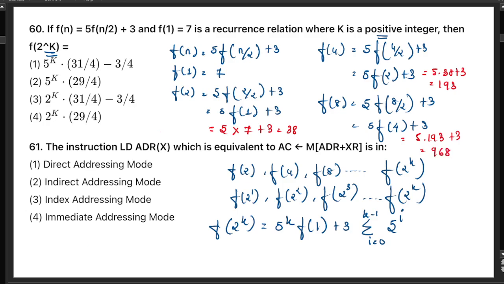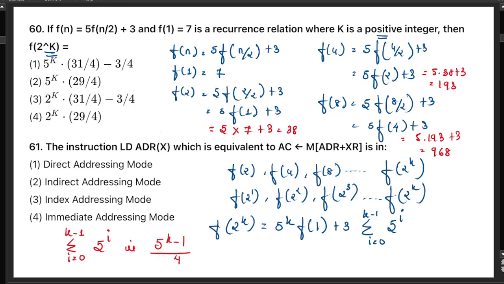Now if we do the geometric series, you can see that this is the sum of a geometric series, which can be rewritten as the summation of 5^i from 0 to k minus 1, which is (5^k minus 1) by 4. If you can do this, it is okay.